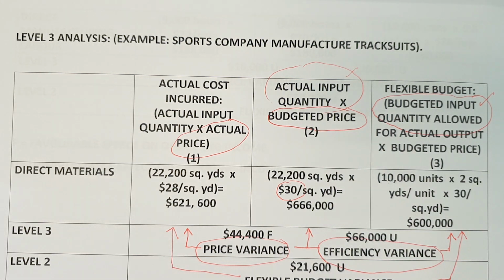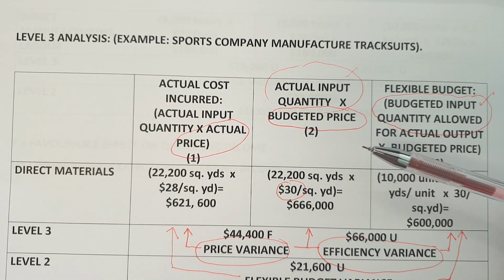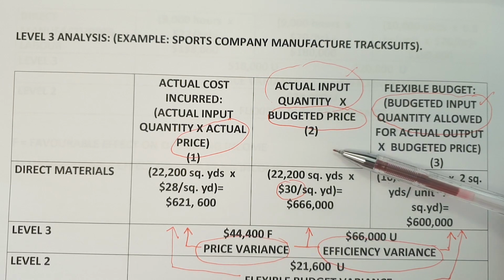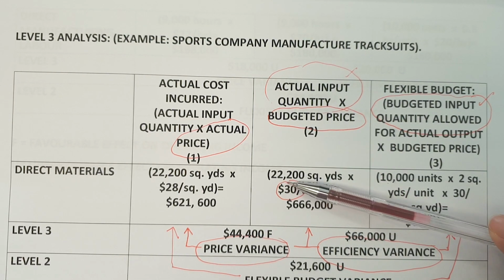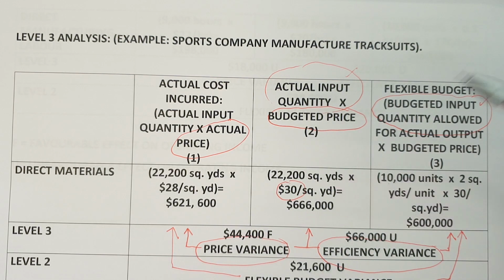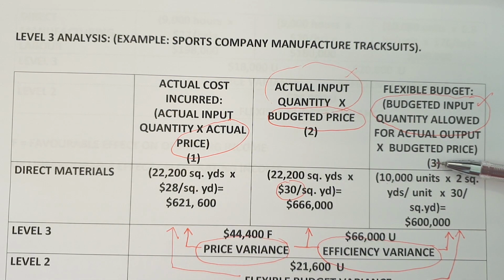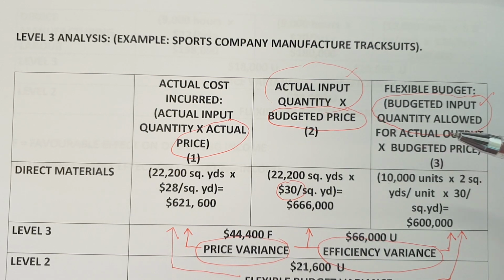As for this example, the actual input quantity, the quantity that we use to produce our product, is 22,200 square yards. As for column 3, that is the flexible budget, where we compare between flexible budget and actual in this level 3 analysis.